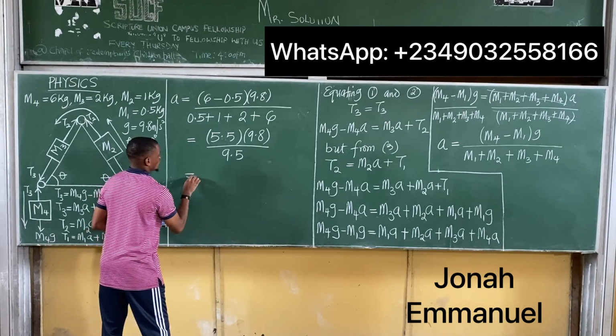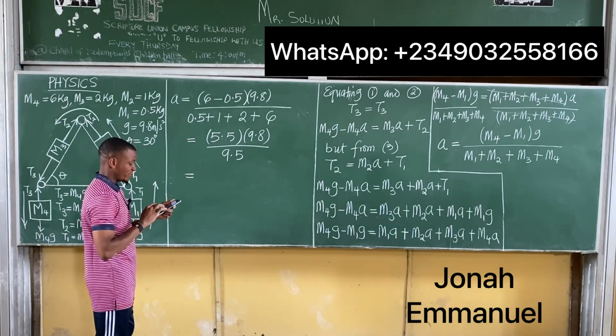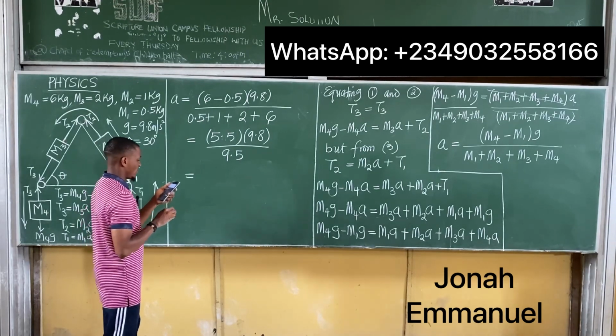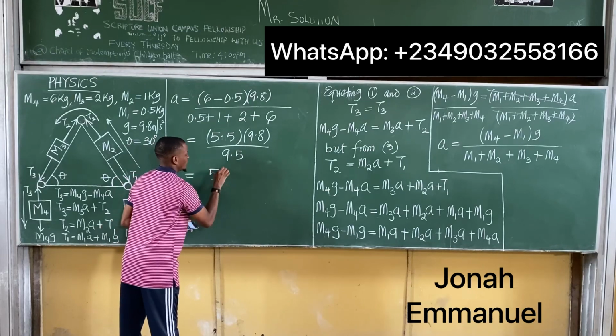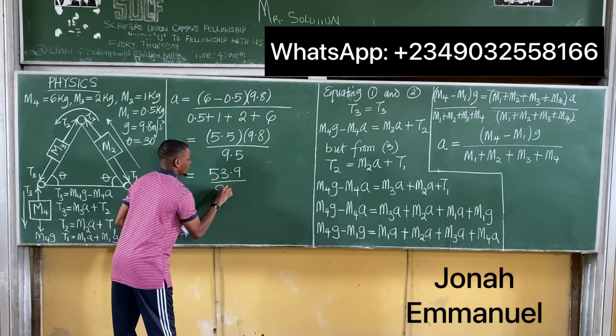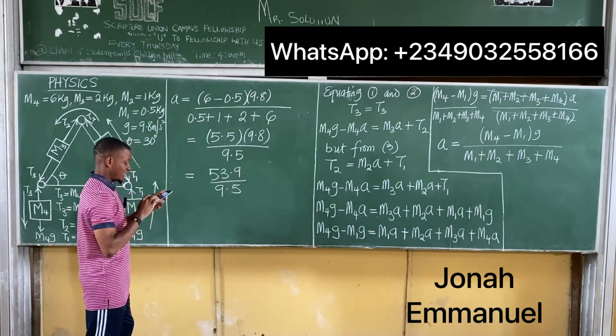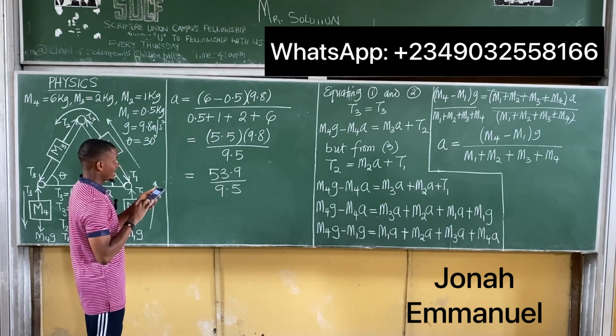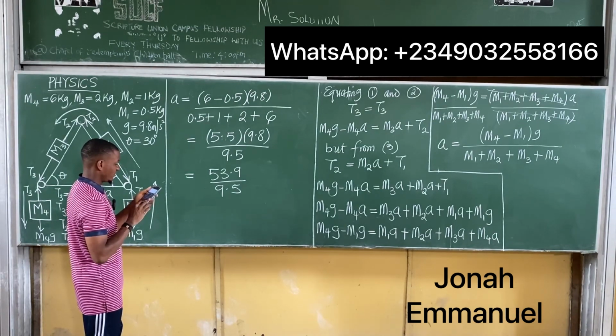So that's equal to, multiply the numerator with my calculator, 5.5 times 9.8, that's about 53.9, all over 9.5.